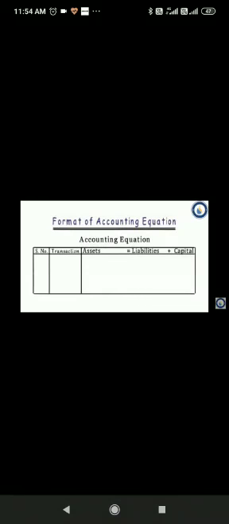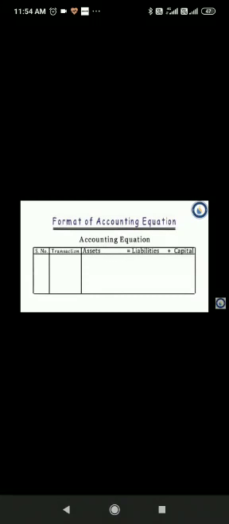Now, this is the format of the accounting equation. This is how we are going to prepare an accounting equation. In the first column, you will write the serial number. After that, you will write all the transactions, like the first transaction: introduced business in cash, business capital.